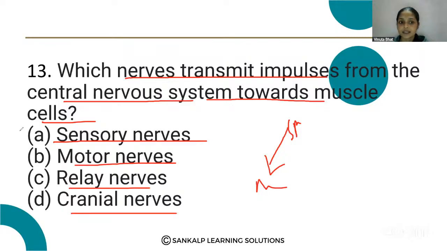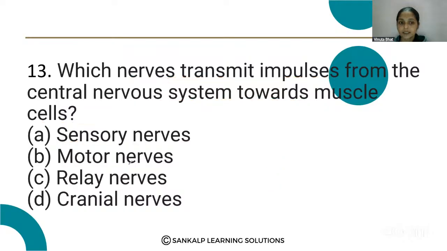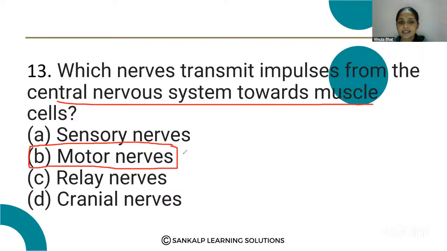The correct option is the motor neurons. Sensory neurons transmit the information from the receptor to the central nervous system. But here, from the central nervous system towards the muscle cells, that is the motor neurons. Question 13, option B is the correct one.